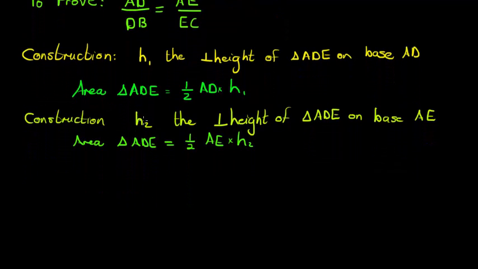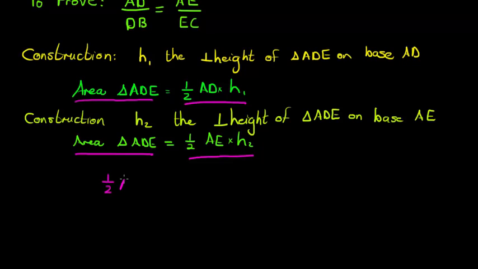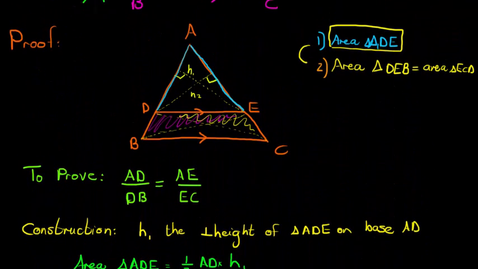You'll see that I am calculating the area for the same thing, which means this answer and this answer must be equal. In other words, a half of AD times H1 must equal a half AE times H2. Does that make sense? So far it's not difficult. Good. It's just a lot of stuff.